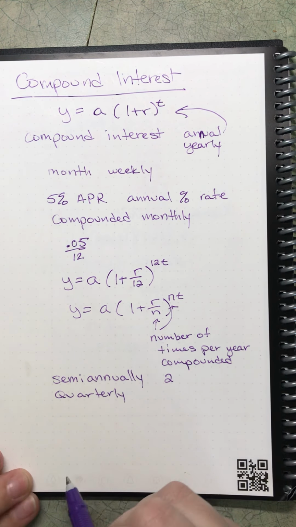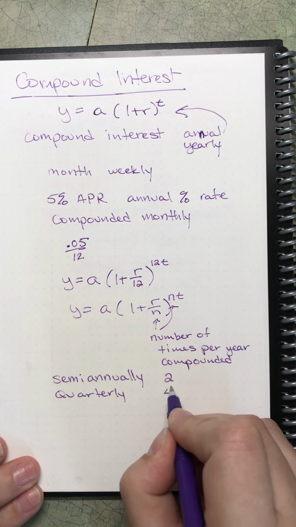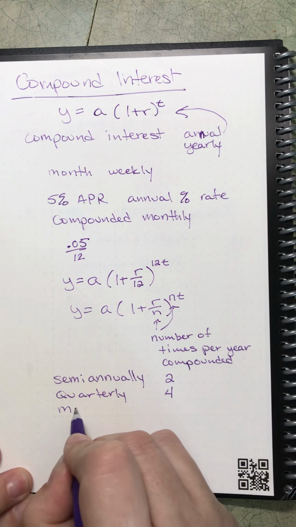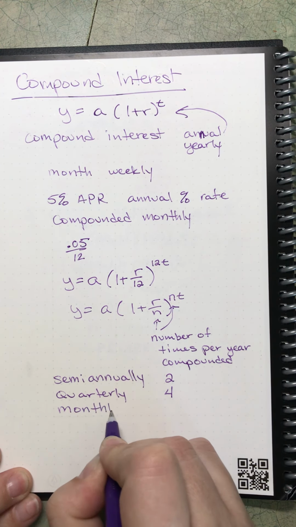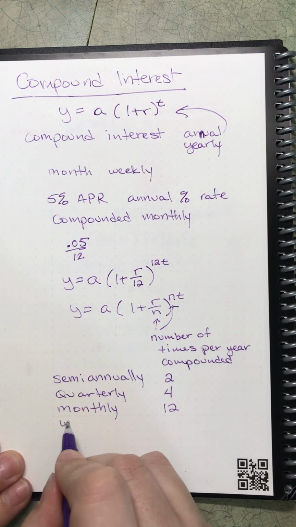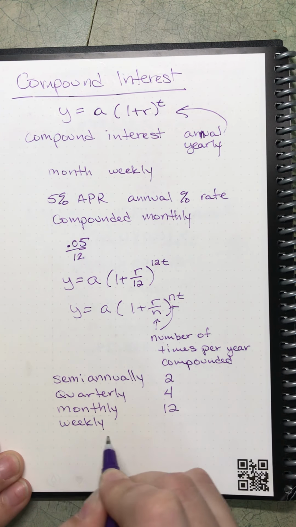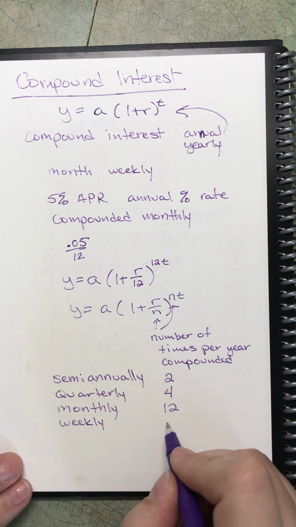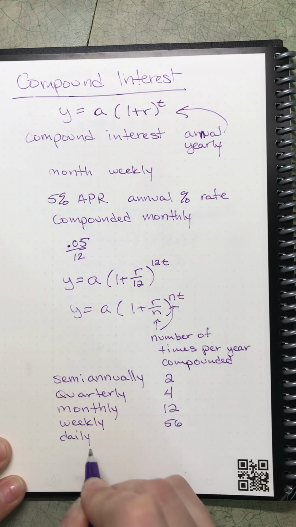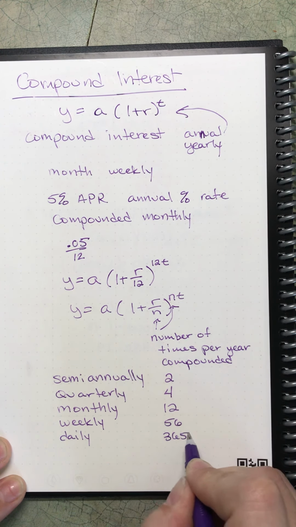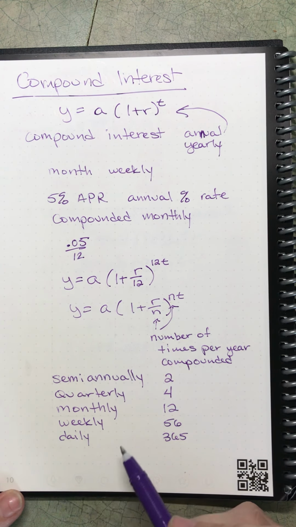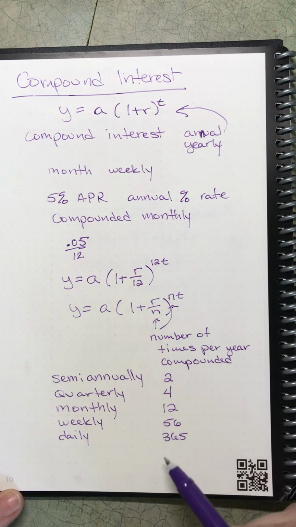So that would be 4 times a year because there are 4 quarters in a year. If it's monthly, 12 months in a year. If it's weekly, there are 52 weeks in a year. If it's daily, there are 365 days in a year. I've seen problems where it's hourly or by minute or whatever, but we're just going to stick with these, okay?